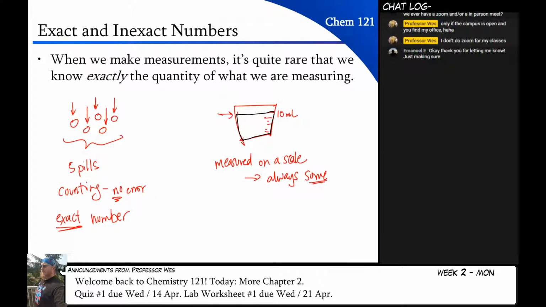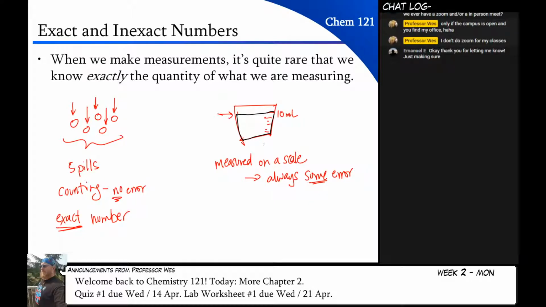You're always going to have some error, because no matter how good you are at filling this cup, you're not going to land exactly on the line. You're always going to be a little bit higher or a little bit lower, right? You could always get closer, and at some point you just stop because you're so close to the line. So this cup will not hold exactly 10 milliliters.